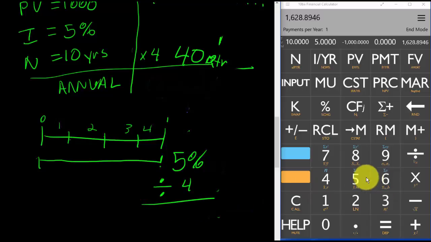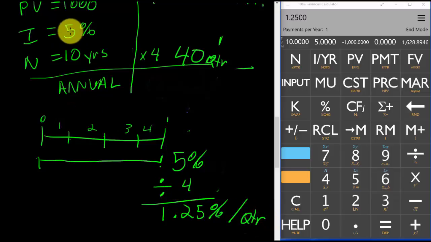And I get some number. 5 divided by 4 is equal to 1.25. 1.25%. And this is going to be per each quarter, right? So 5% for the year divided by 4 quarters gives me 1.25% per quarter.